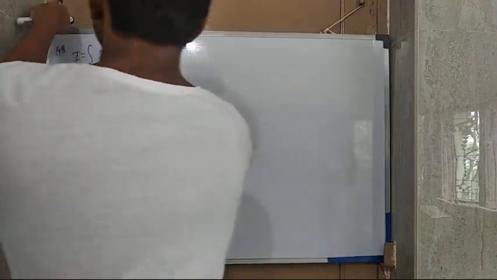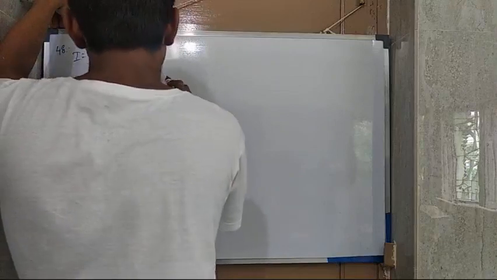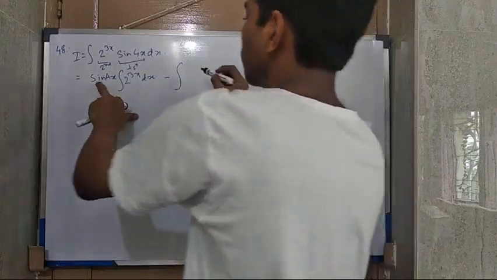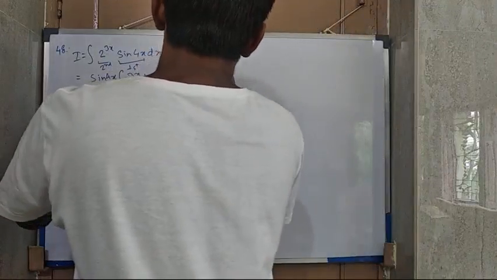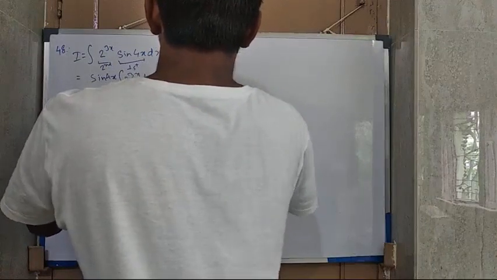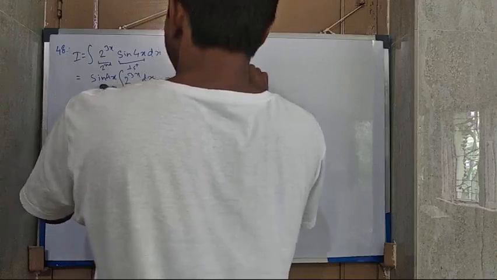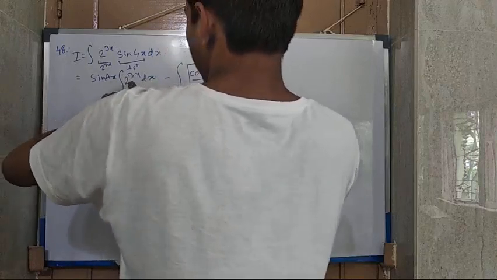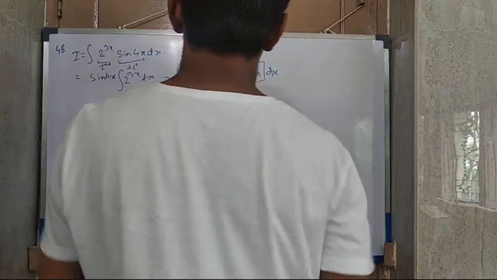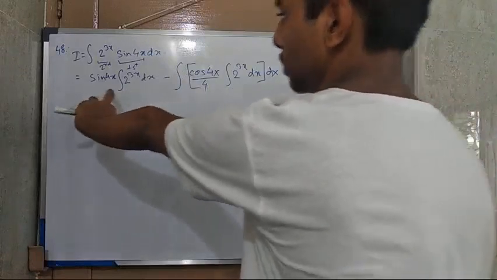So sine 4x times integral of 2 to the power 3x dx minus integral of the derivative of sine 4x, which gives us cos 4x times 4, times integral of 2 to the power 3x dx, times dx. Just evaluate this.